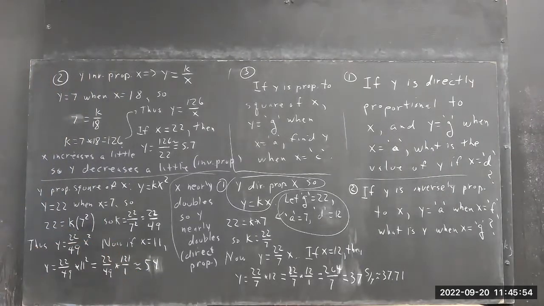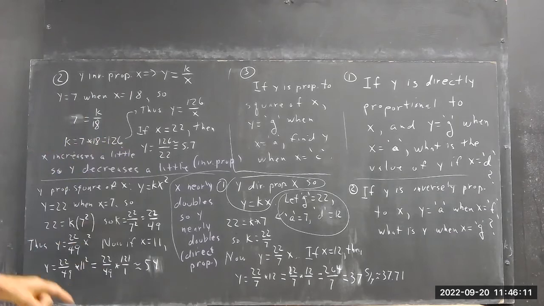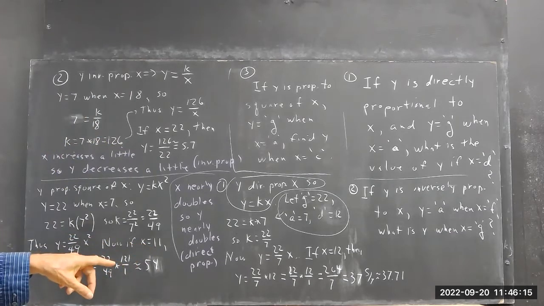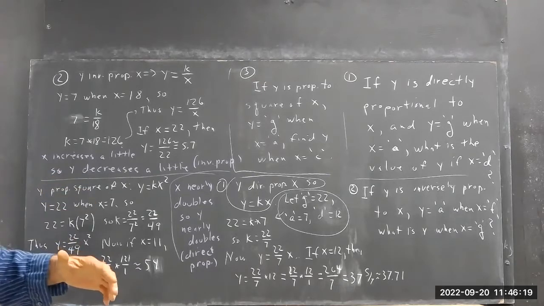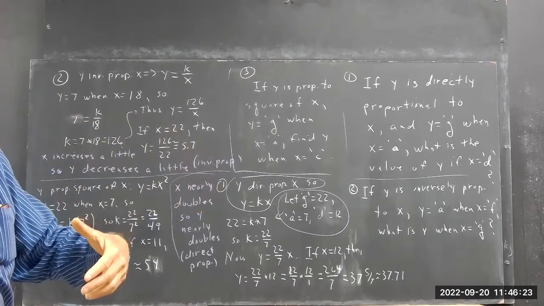And again, I checked it by thinking. You understand what I'm thinking? I'm thinking that y is going to be between double and triple, because x squared goes from 49 up to 121, right? That's between doubling and tripling, a little closer to doubling.